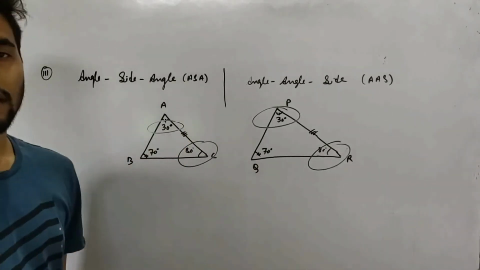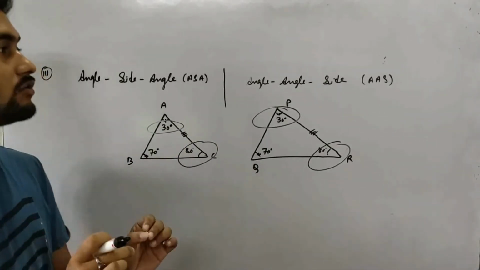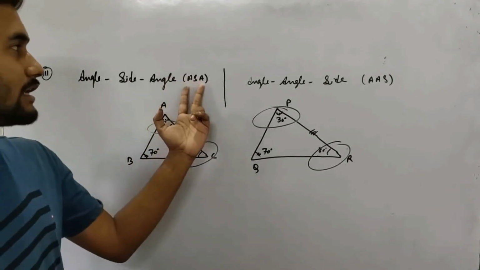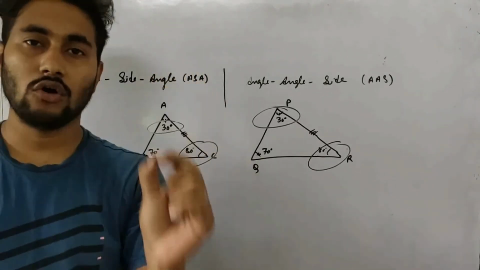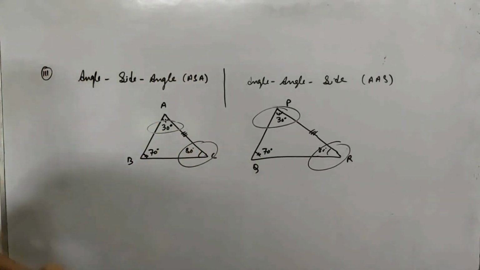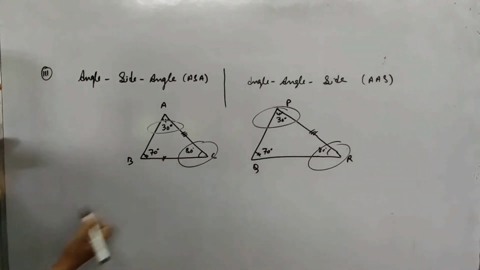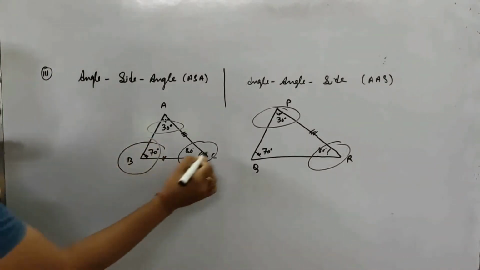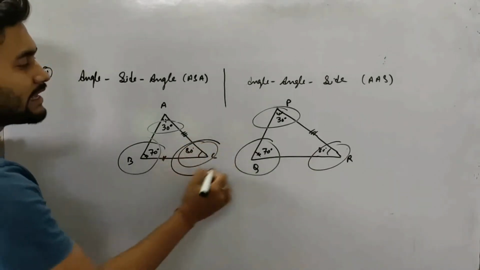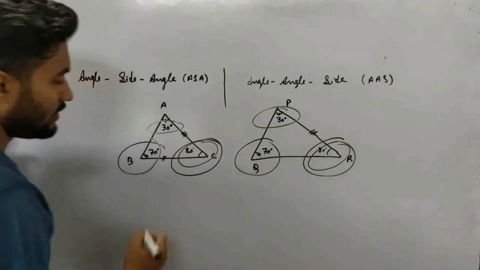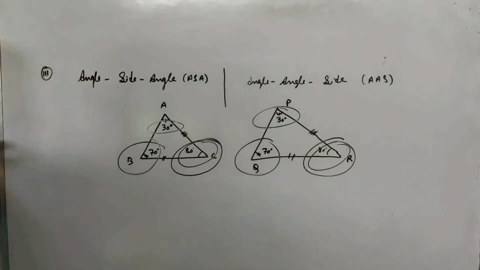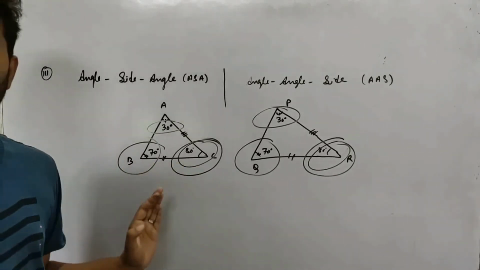That means what? Angle side angle. So anyhow, if your two angles are equal, your side will always be where? In between. Say for example this side, then also correct. This angle is equal to this angle and this angle is equal to this angle, and this side is again between the two angles.